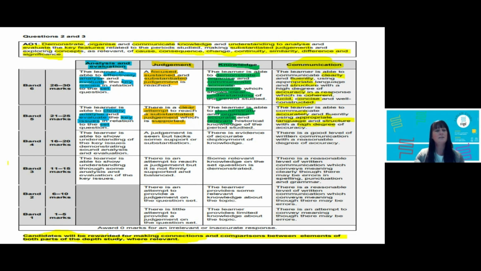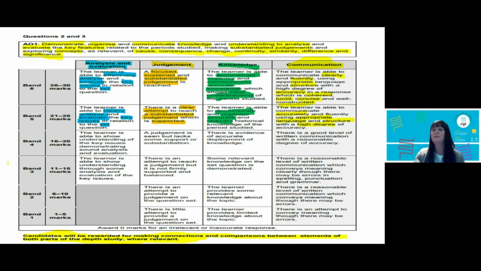So you are focusing in on the question that they are asking you, and you're clearly analysing that question, and all your information that you're given is focused in on it. For the band 6, the learner is able to effectively analyse and evaluate the key issue in relation to the set question. So instead of the word clearly, you've got effectively in that particular top band.